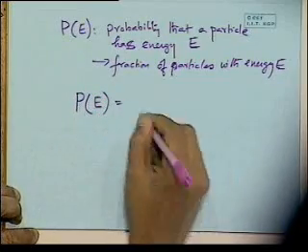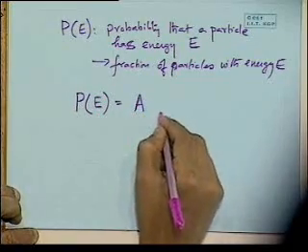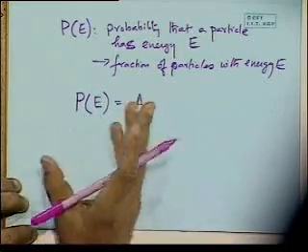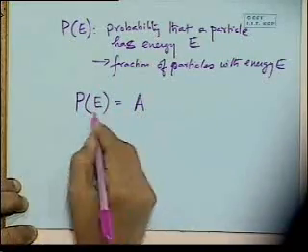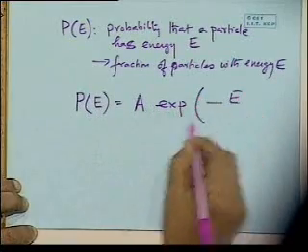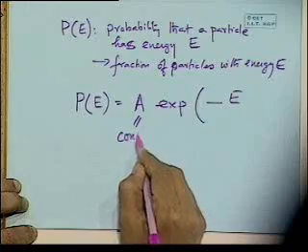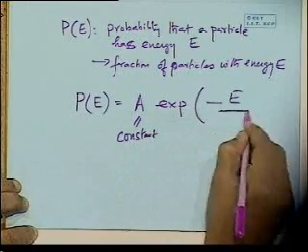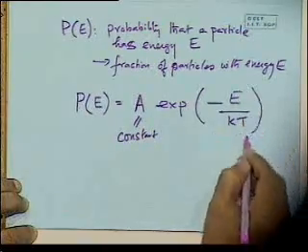I'm not going to attempt to prove this, but it turns out, when we look at what we know of such gases, that the probability is expressed in terms of A, some constant, times exponential of minus E by kT.